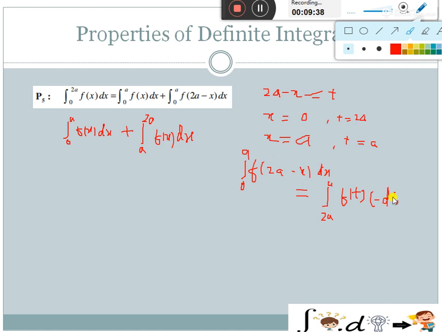And now according to the P1, we can change the upper limit into lower limit. Negative sign will be there, and therefore we can write it is equal to a to 2a ft dt, and this ft dt we can change into fx dx.